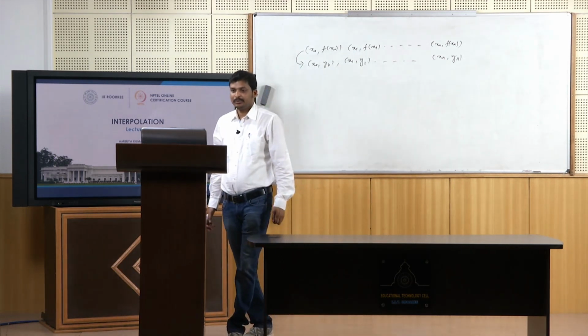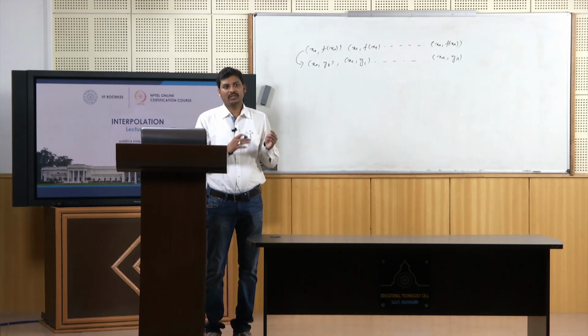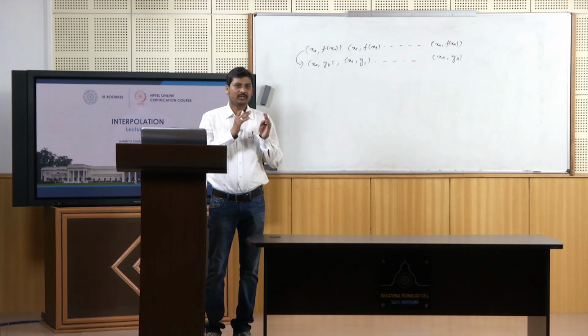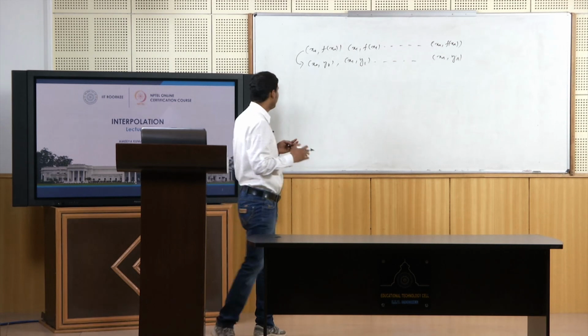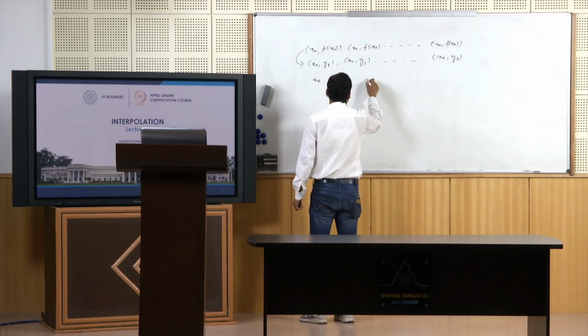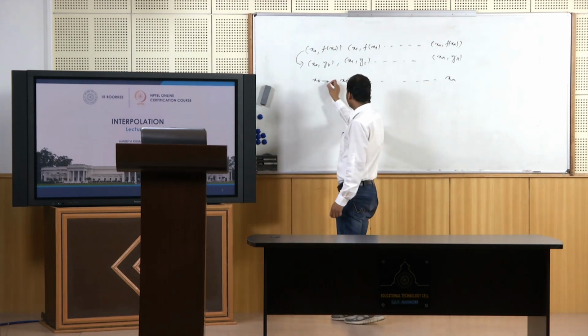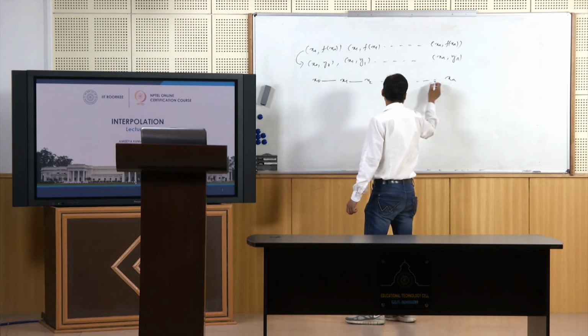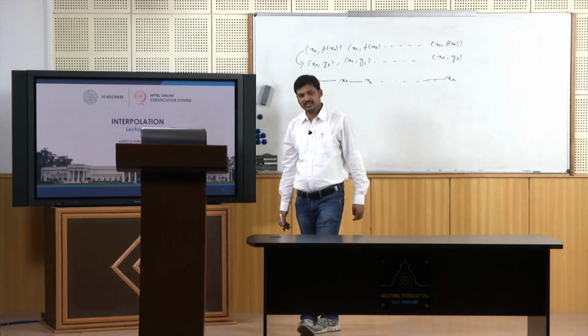If we use the Lagrange interpolating polynomial, we can use both equally or unequally spaced points, x0, x1, x2 up to xn. Sometimes they may be equally spaced, sometimes unequally spaced, but for both cases we can apply Lagrange's interpolation formula.